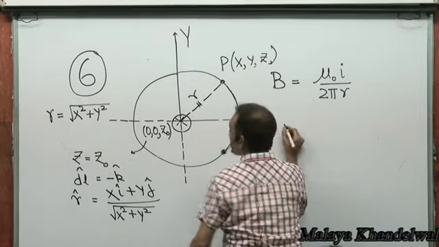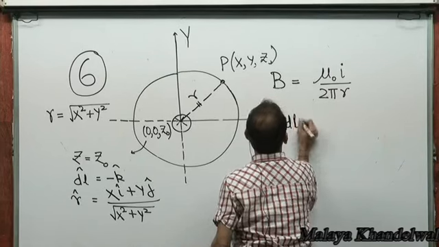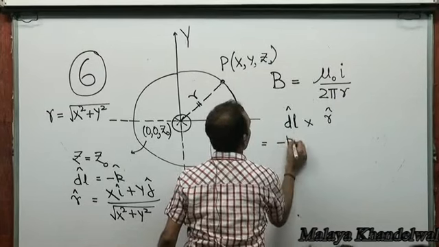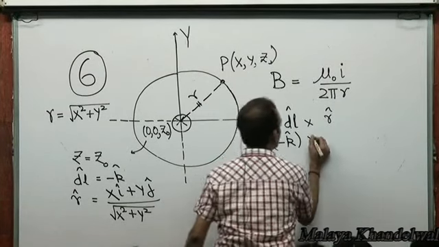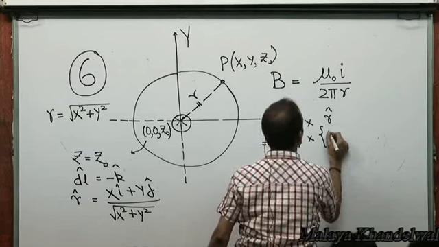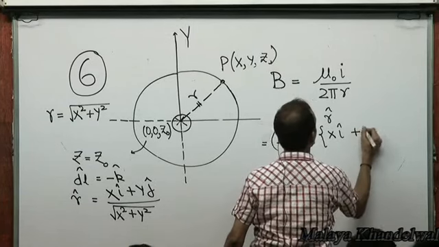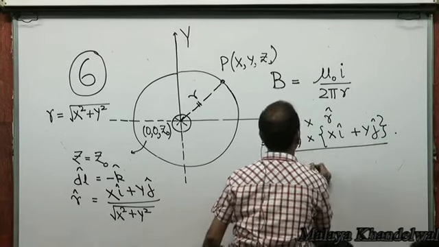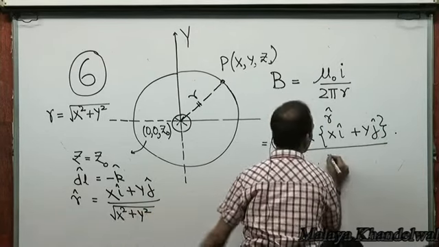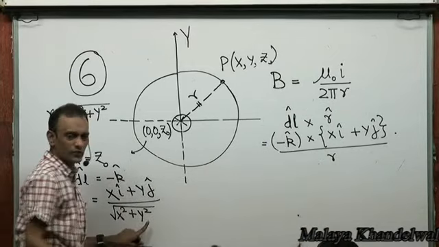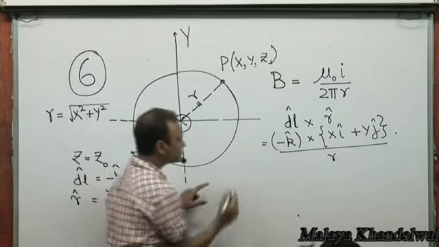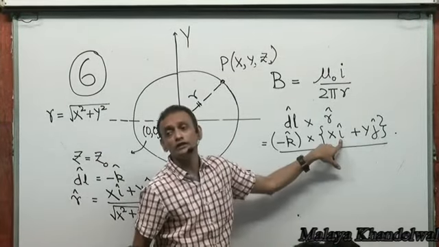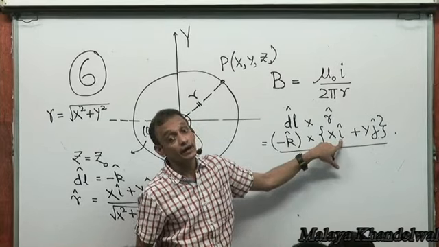So what is my dl cross r cap? That's going to be minus k cap cross x i cap plus y j cap divided by root x square plus y squared, which is r. Let me just write it as r. Now, k cross i will be what? j.